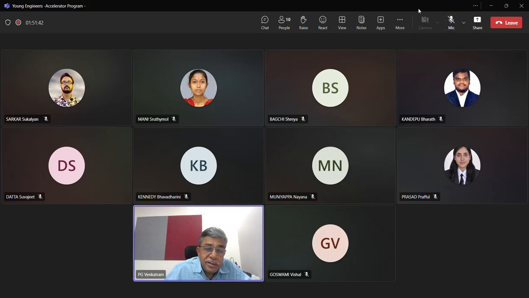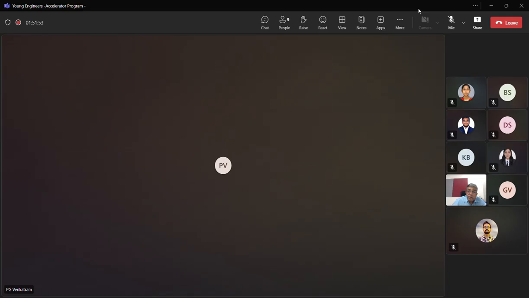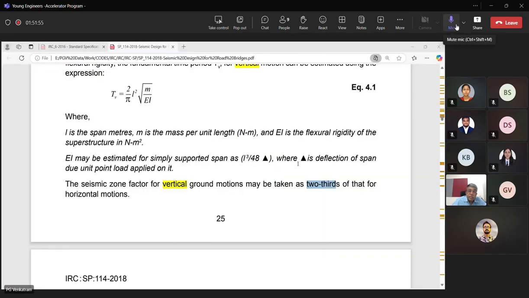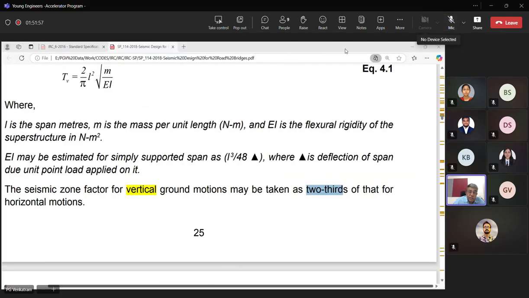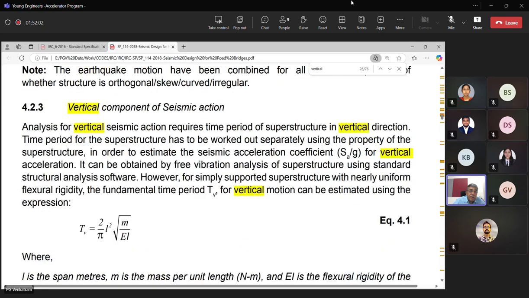Okay, let me share the screen with you for ease. Can you see my screen? Yeah, so this is the clause regarding the vertical component, in IRC SP 114.